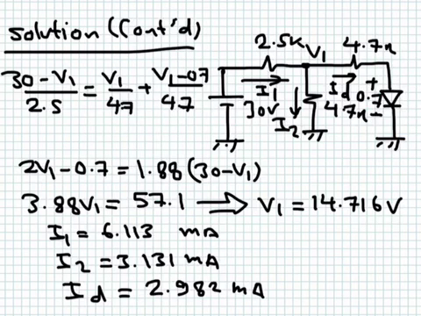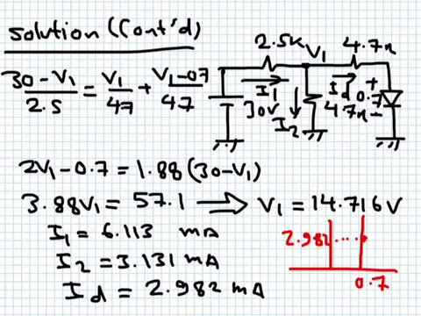If I wanted to plot the point of operation of this diode, it is actually here somewhere. This is 0.7, and this one here is 2.982 milliampere. So this is my point of operation, or called the operating point of this diode.